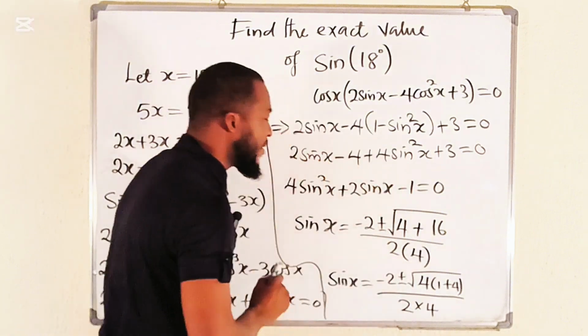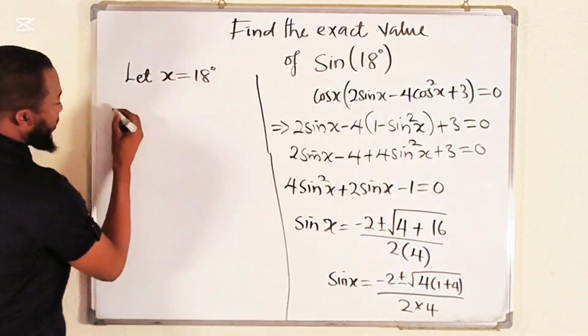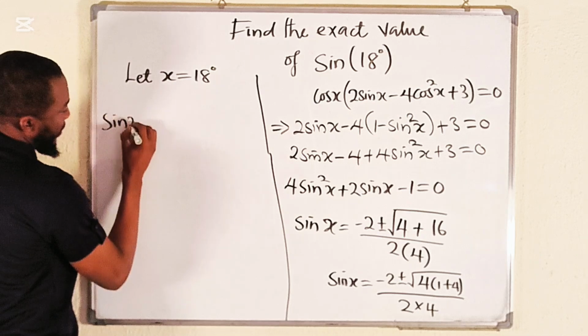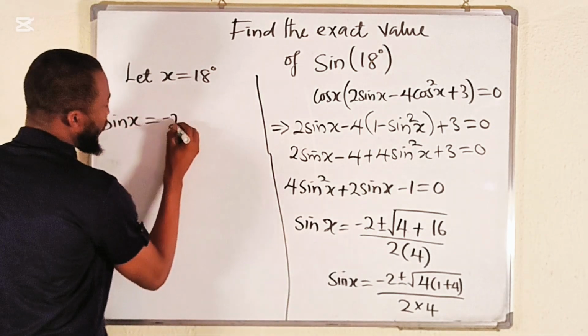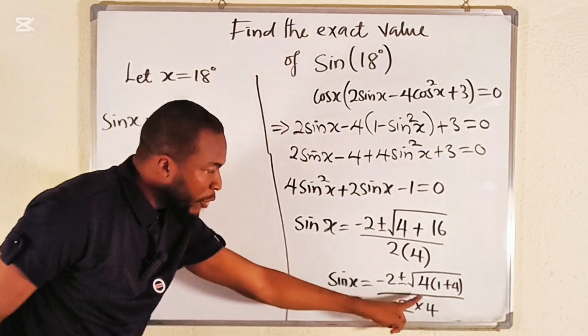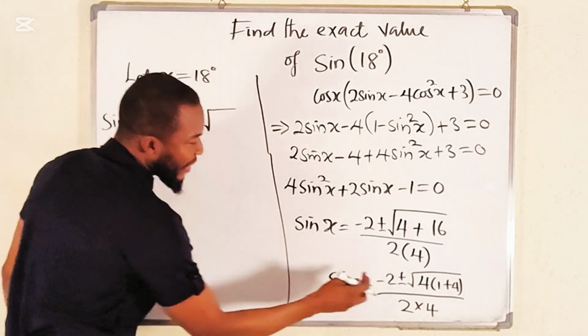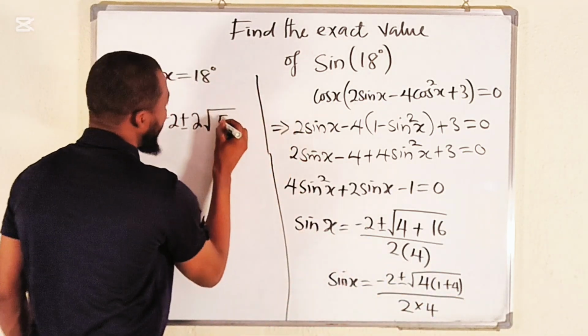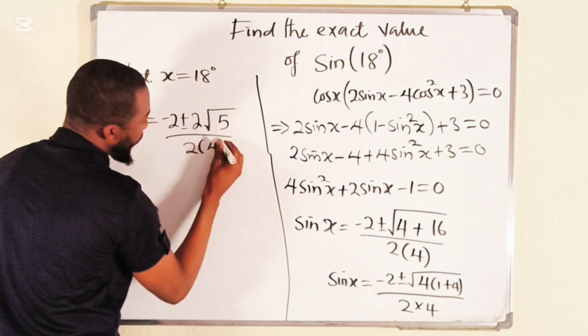I don't want to write it as 8. Let me continue this side. Sine x is equal to minus 2 plus or minus the square root of 4 is 2, so you bring it outside. What do we have inside? 1 plus 4 is 5. Divide by 2 times 4.